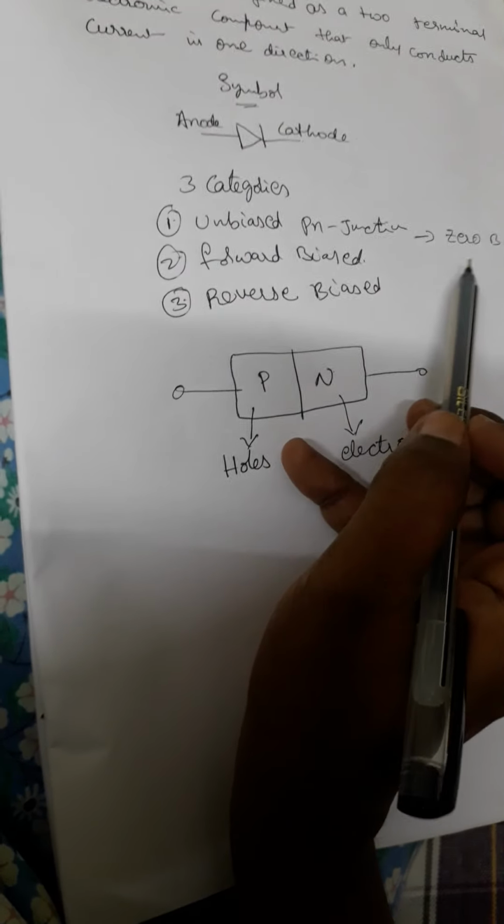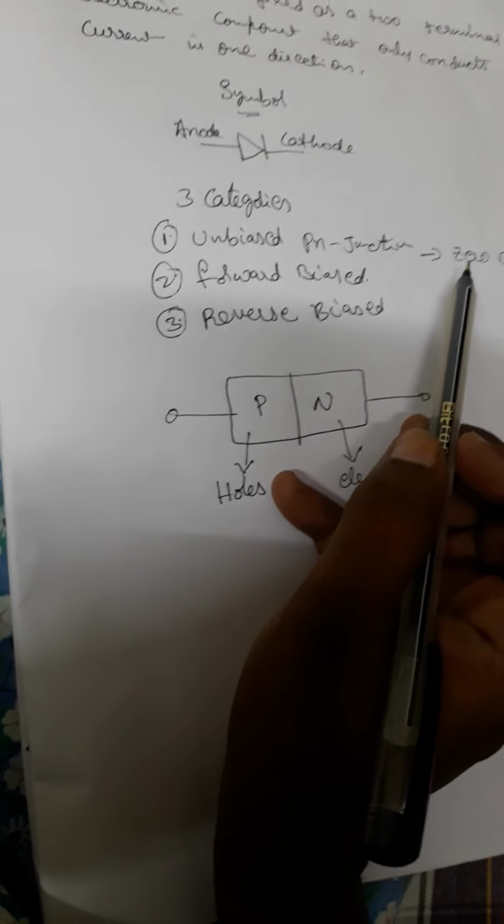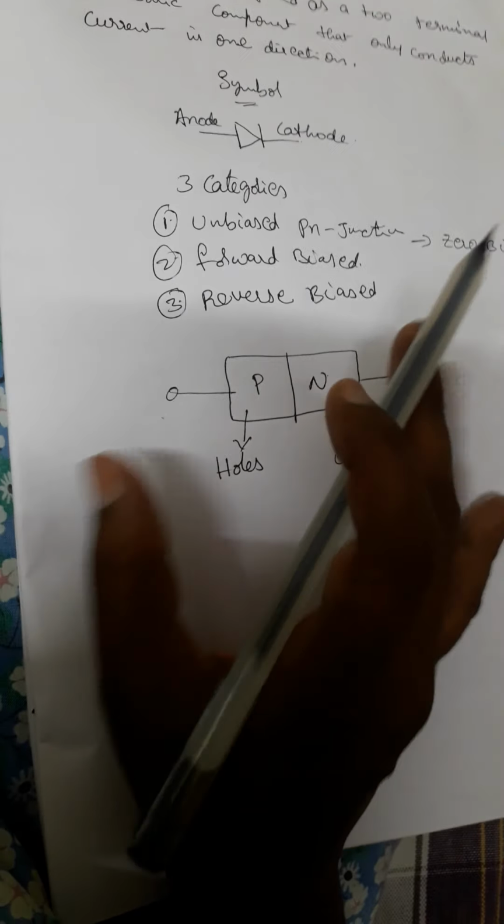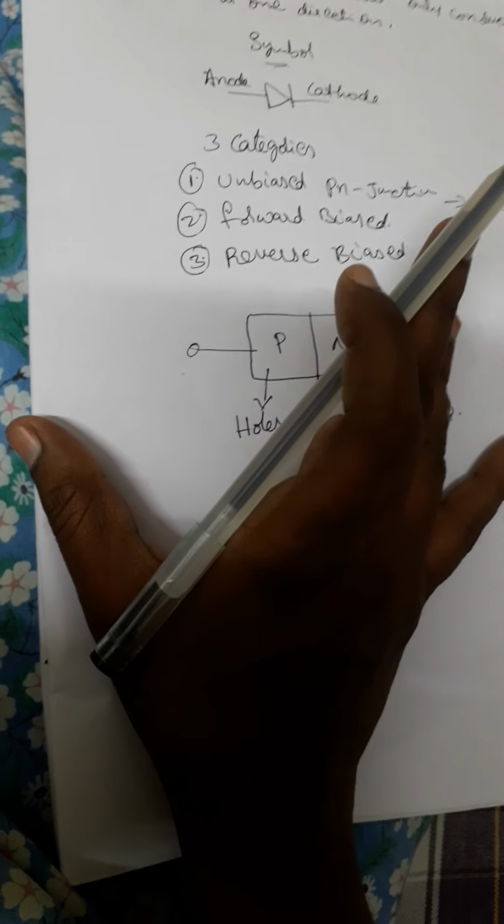Next, coming to the unbiased PN junction or zero bias. No external voltage is applied to the PN junction. This is known as unbiased PN junction diode.